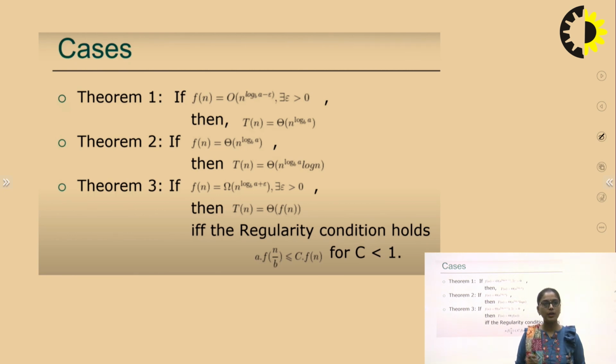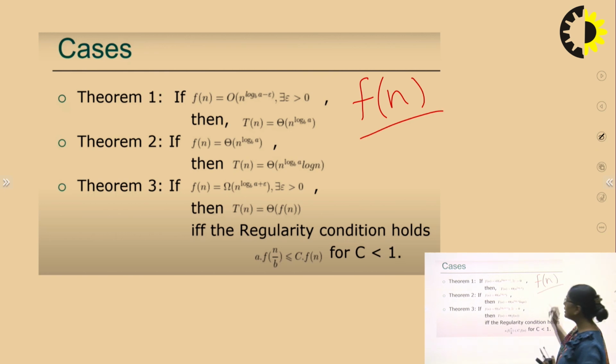Then what are these 3 cases? Firstly, if we are checking for the upper bound, we have 2 functions. When we are discussing f(n), this is the growth of our function which is already given.